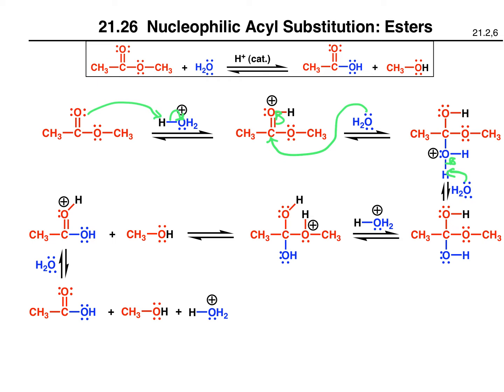These are all equilibrium arrows. But if this oxygen grabs the proton, then we get something different. And that brings us to this species. Next, these electrons can collapse back in to reform the carbonyl, pushing away methanol as the leaving group, giving us this protonated acid and the alcohol.